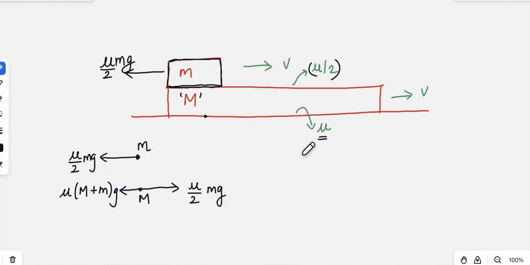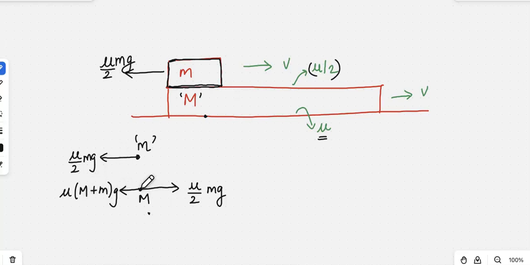So here the net force on the small m block is lesser compared to the big block M. You can see if you subtract this mu (M plus m)g and mu by 2 mg, you will get mu mg by 2 plus mu Mg.